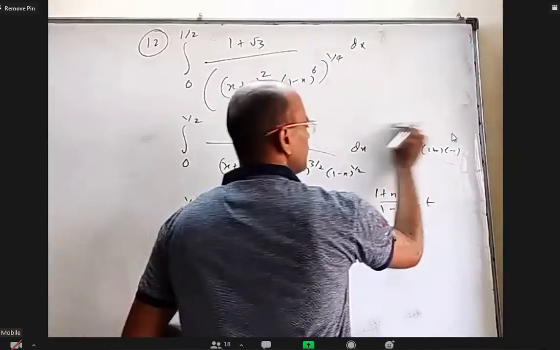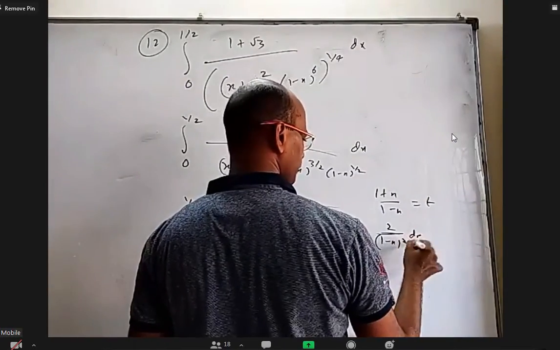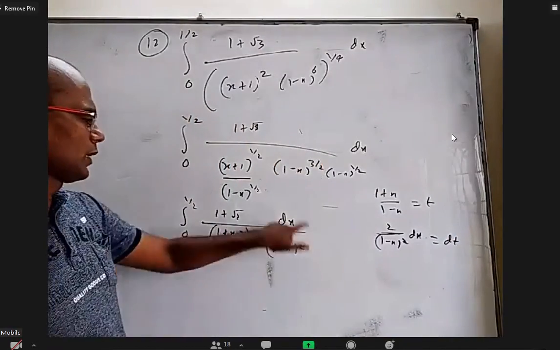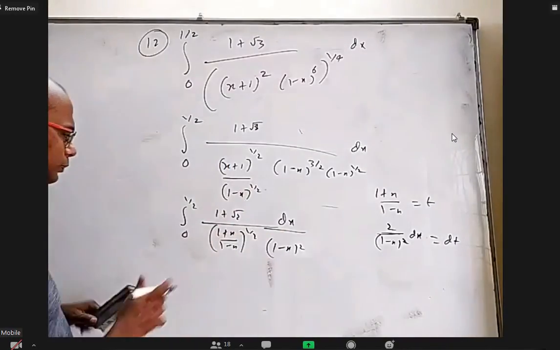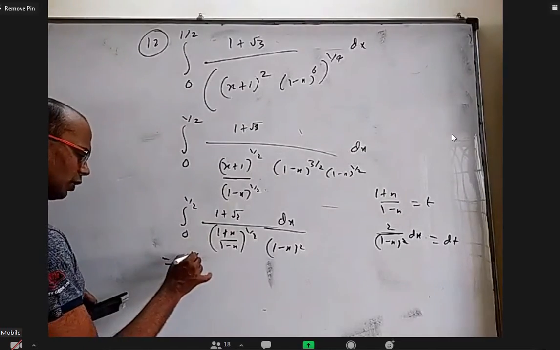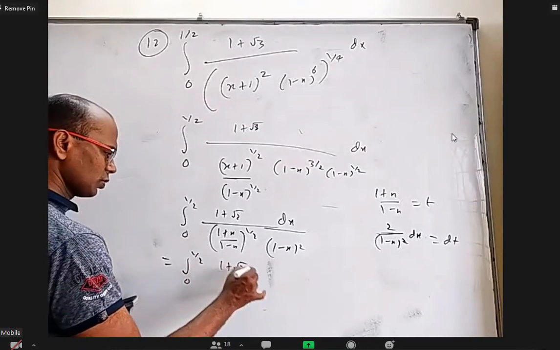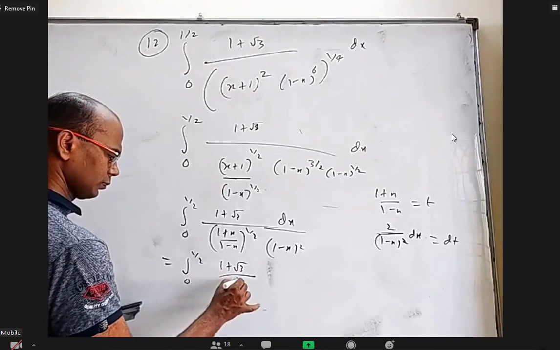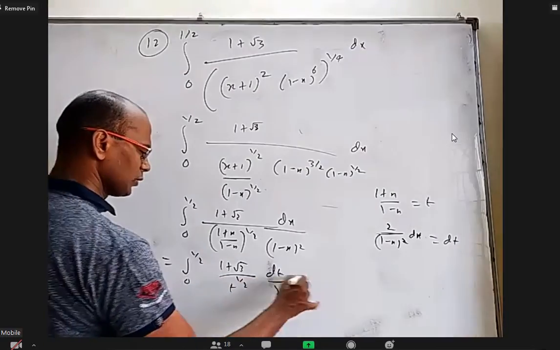We'll get 2 by 1 minus x whole square dx equal to dt. So in the place of this, I can write dt by 2. So this is 0 to 1 by 2, 1 plus root 3, t power 1 by 2, and the dt by 2.